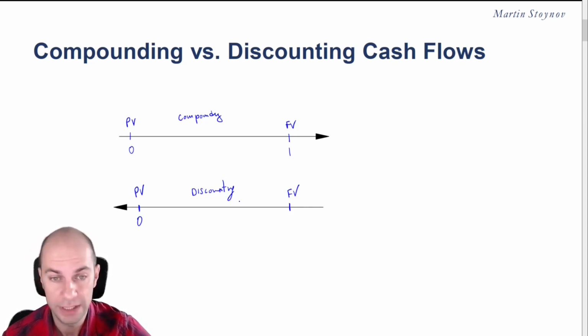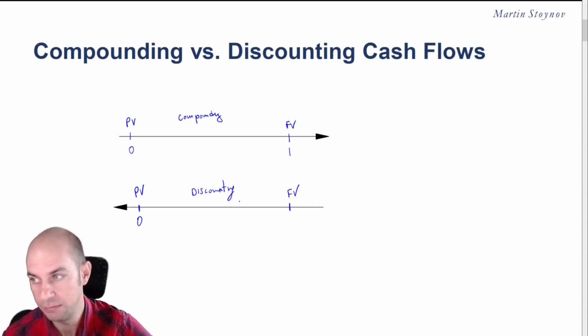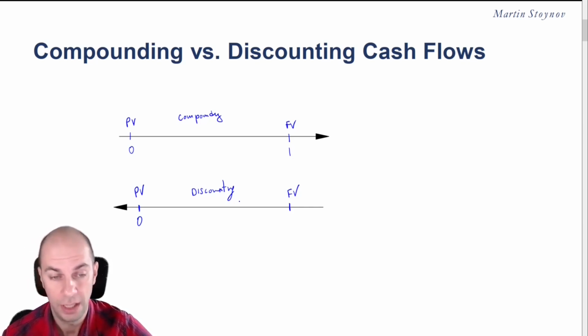If you've already estimated how much you want to have in the future when you want to retire, you estimate that future pot of money and then you discount that back to today to find out how much you need to save today in order to achieve your future goals. So compounding means going forward and discounting means going backward.